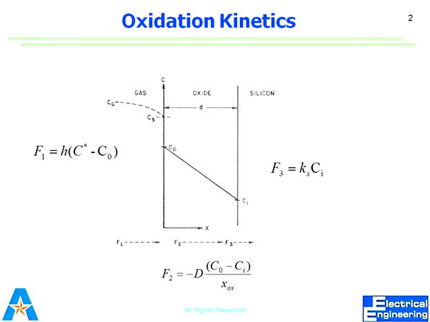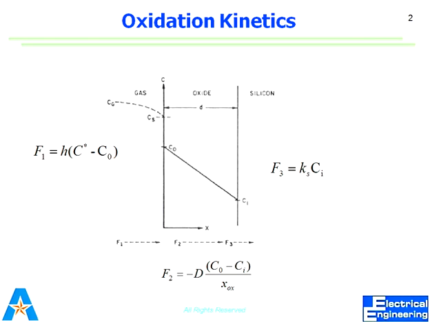He says that there are three different fluxes. F shows a flux. How do you define a flux? The number of atoms or molecules crossing per unit area in a unit time. That is called a flux.